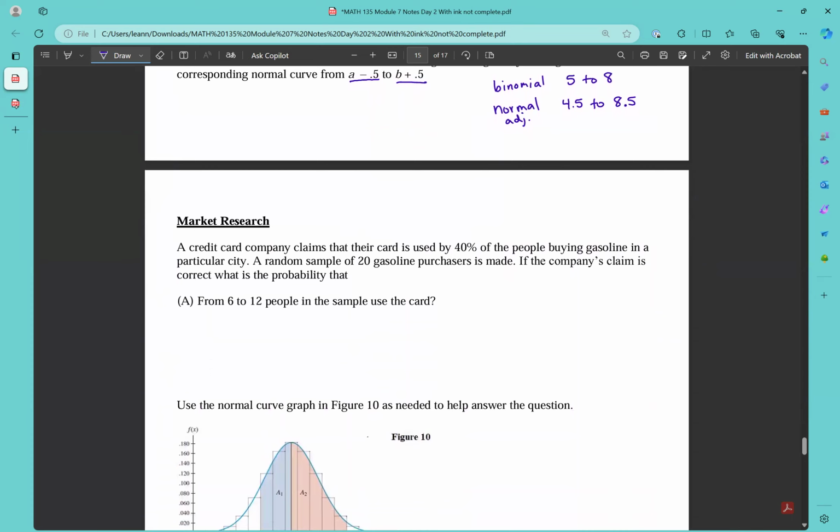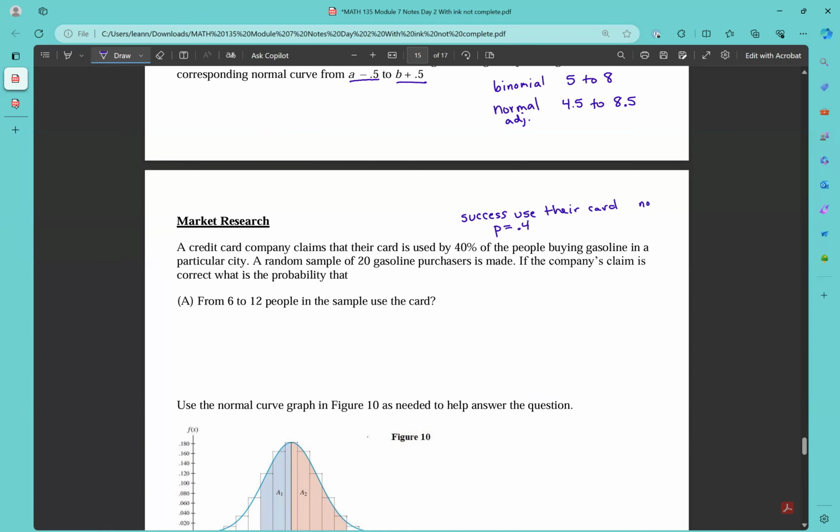Let's look at this. It says a credit card company claims that their card can be used by 40% of the people buying gasoline in a particular city. Notice that is a percent; they didn't give you a mean or a standard deviation. They said there's a percent of success. Success is someone using their card, so P, the probability of success, is 0.4 if we turn that 40% into a decimal.